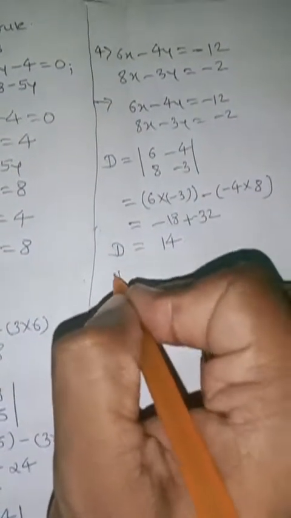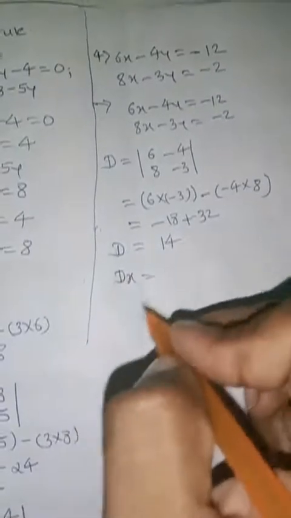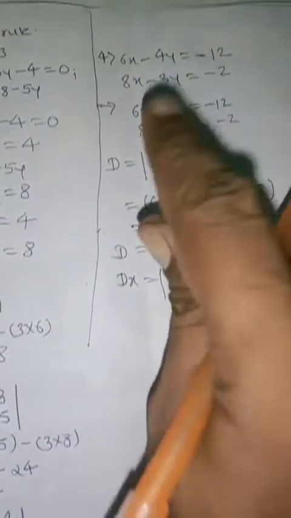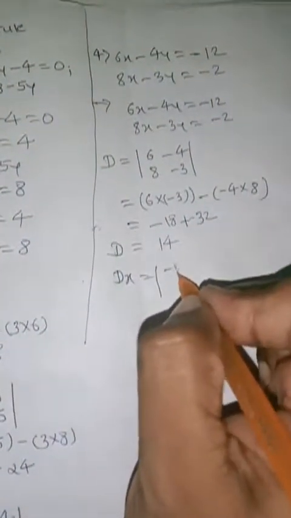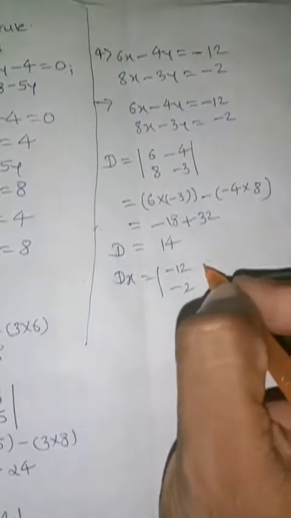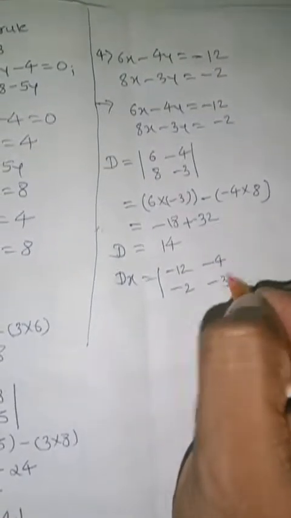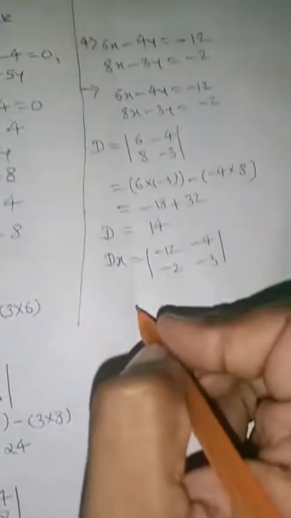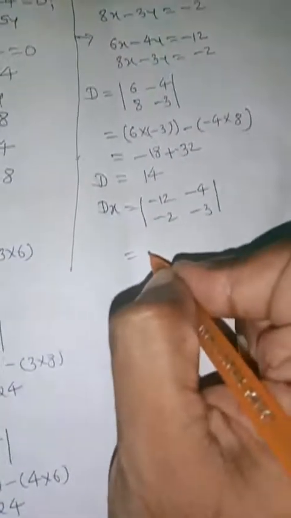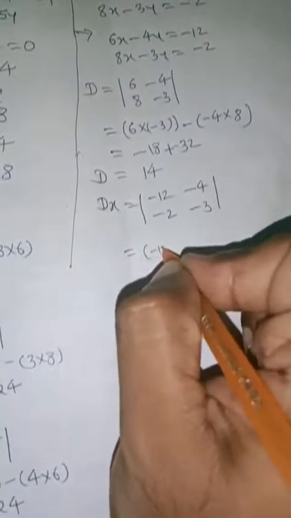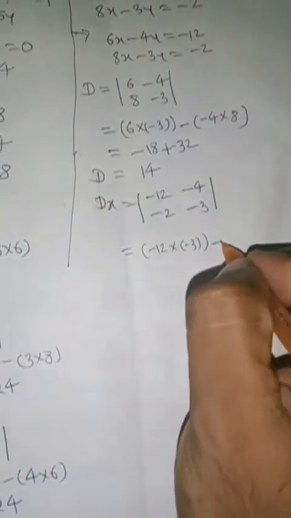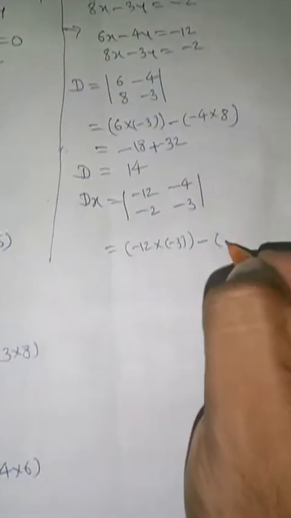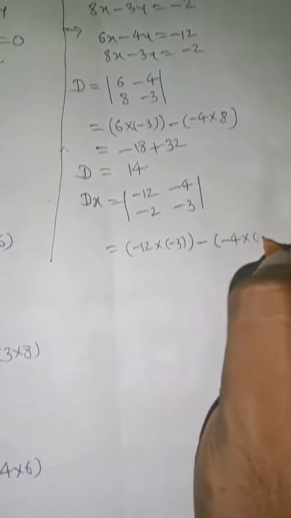Now we have to take the value of Dx. Here we have to put the finger here. First write down the c, then the y coefficient. Minus 12, minus 2 and minus 4, minus 3. This is equal to minus 12 into minus 3 minus 4 into minus 2.